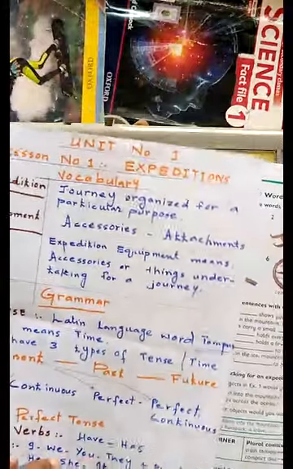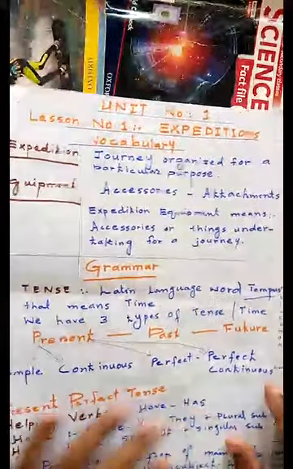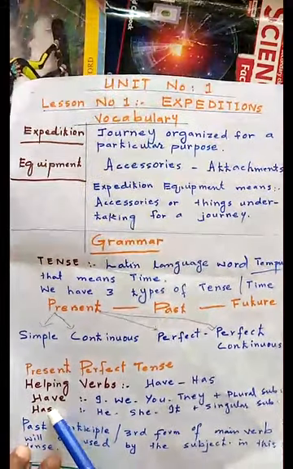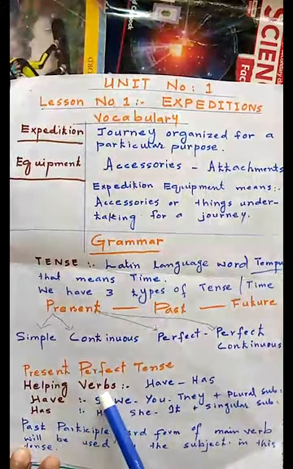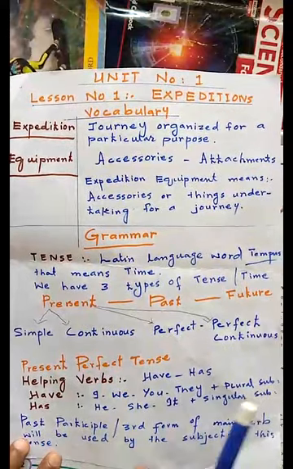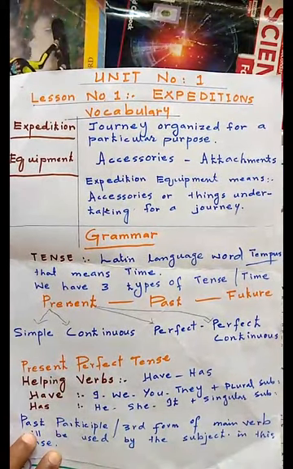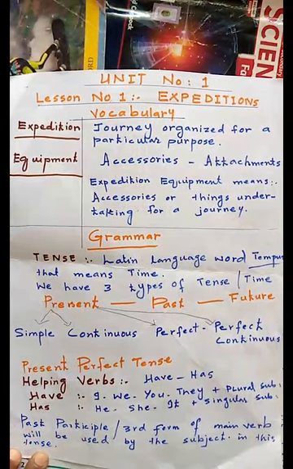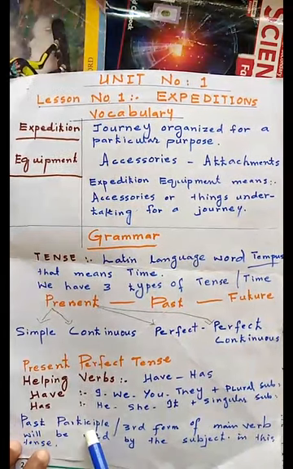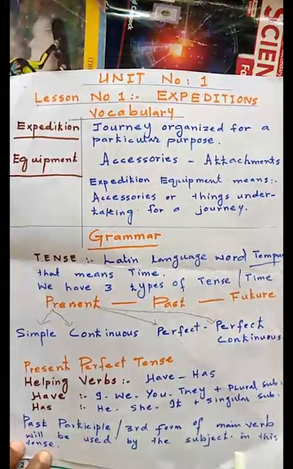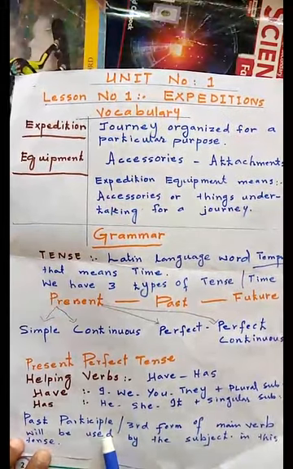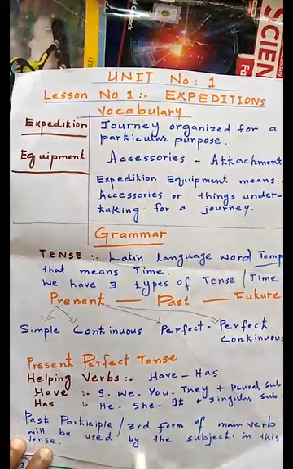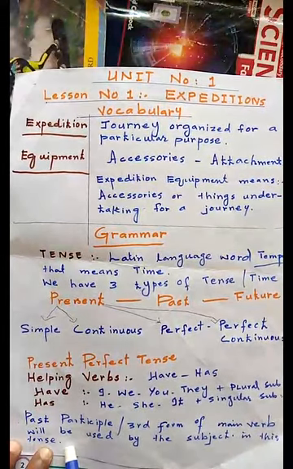Present continuous has is, am, are. Present perfect has have and has. Along with this, the form of the verb also changes in these tenses. In this tense, we use the past participle, or third form, of the main verb. The past participle, or third form of the main verb, will be used by the subject in this tense.